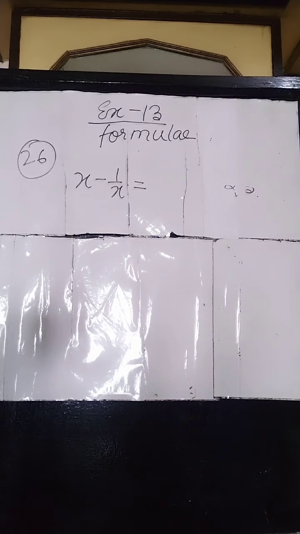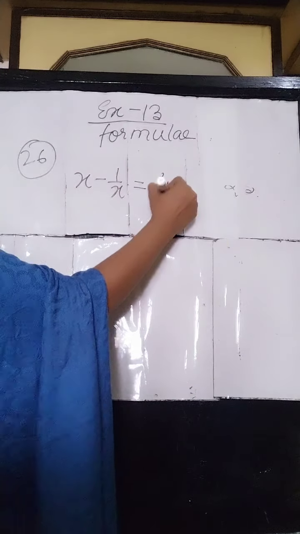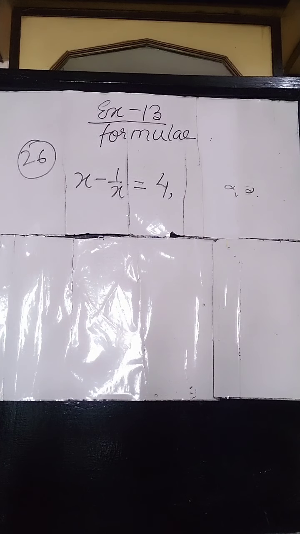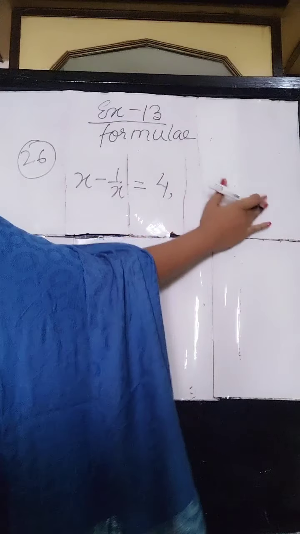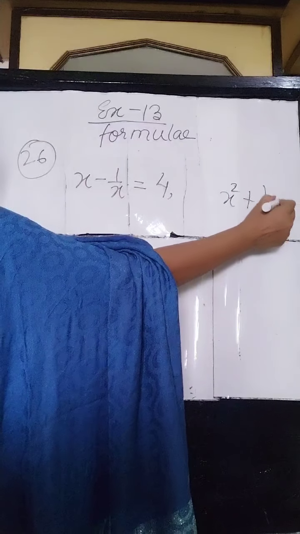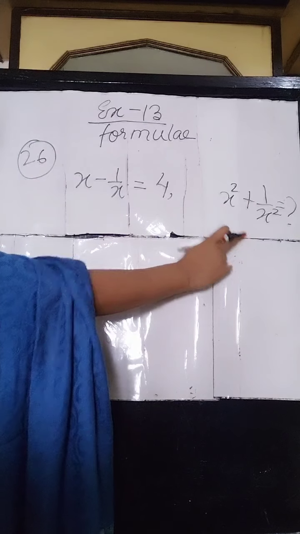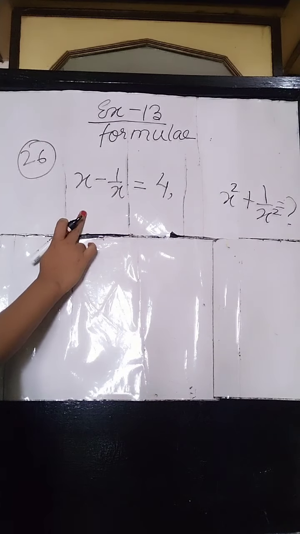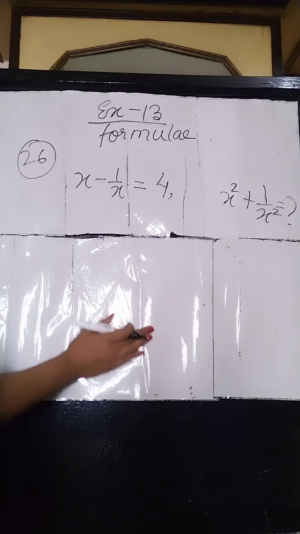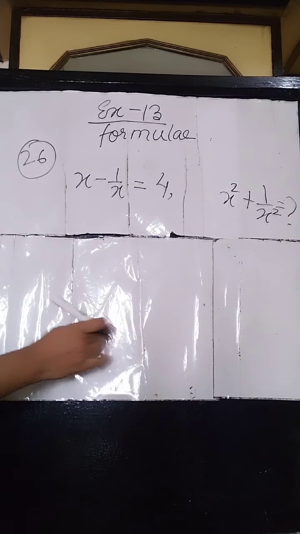That is given as 4. And again you are required to find out the value of, again the same thing, that is x square plus 1 by x square. You are asked to find out the value of this, and you are given x minus 1 by x equals 4. Now how will you solve this sum?